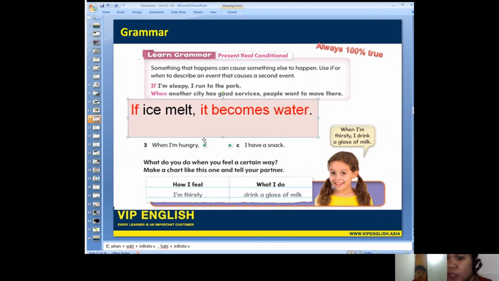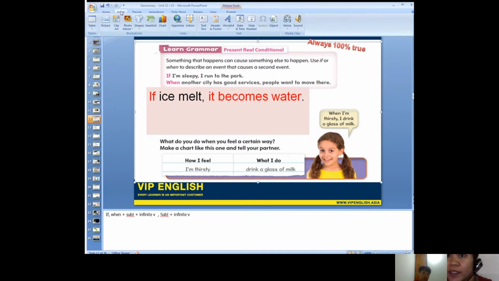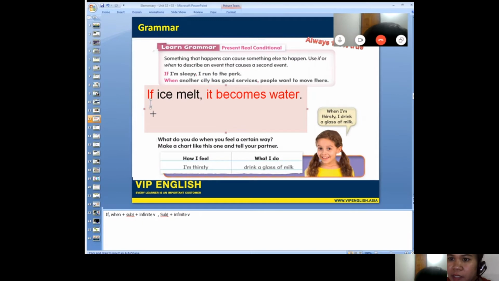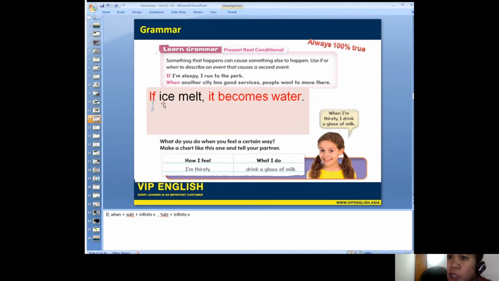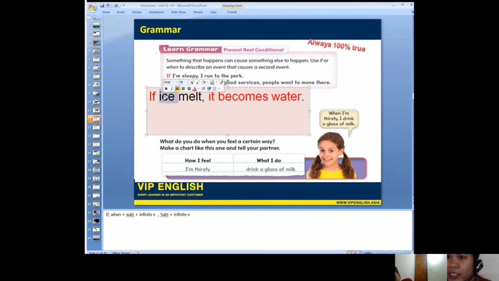Okay. And you have to remember the word order for this. If or when. Like I said, you can use if or when. And then your subject is ice. Ice is your subject. And your verb is melt.